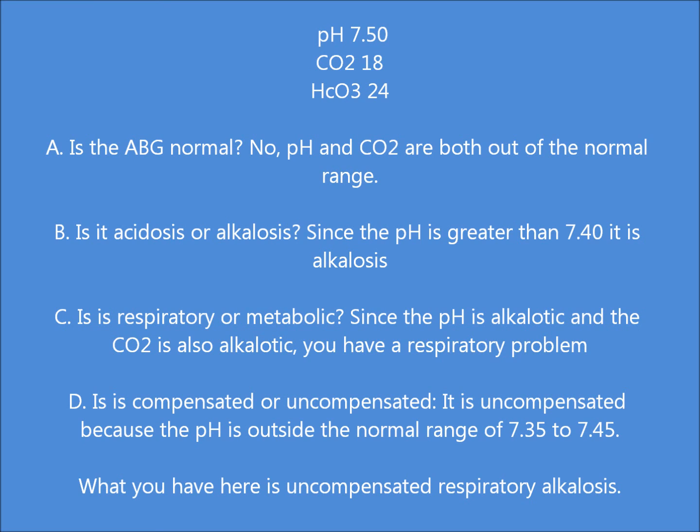Since the pH is greater than 7.40, it is alkalotic. Is it respiratory or metabolic? Since the pH is alkalotic and the CO2 is alkalotic, you have a respiratory problem.